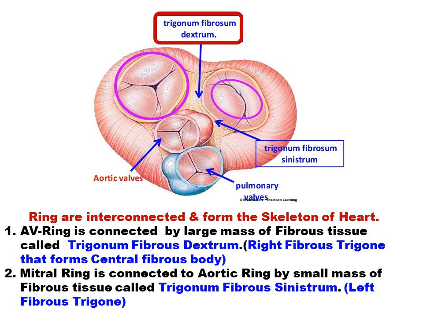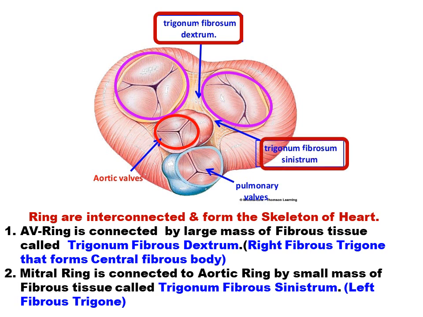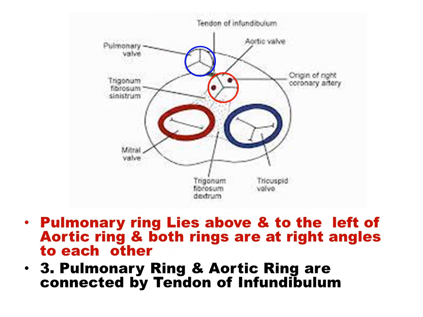Then the mitral ring is connected to the aortic ring by a small mass of fibrous tissue, and that is known as trigonum fibrosum sinistrum or the left fibrous trigone. The pulmonary ring lies above and to the left of the aortic ring, and both the rings are at right angles to each other. The pulmonary ring and the aortic ring are connected by the tendon of infundibulum.